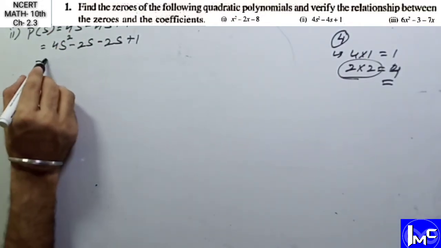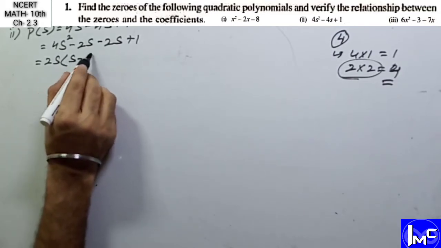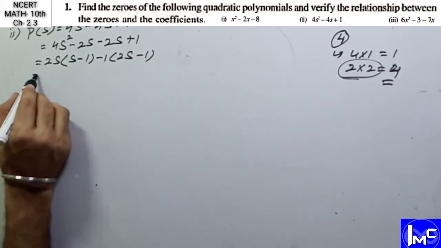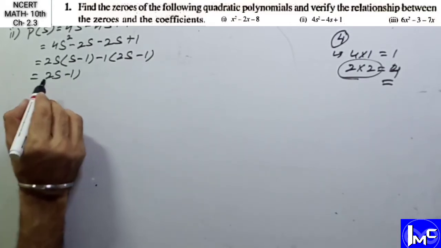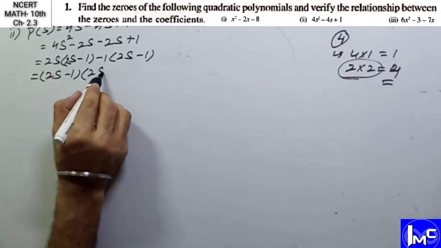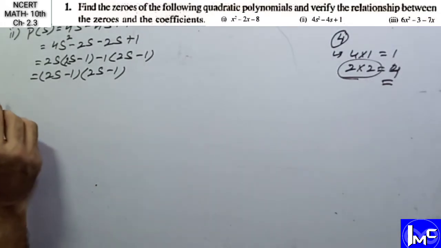Now taking 2s common from these, 2s, s minus 1, minus 1, 2s minus 1, and 2s minus 1 into 2s minus 1. These are the factors.